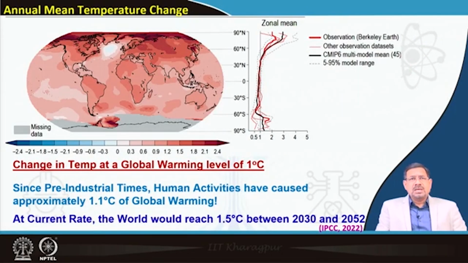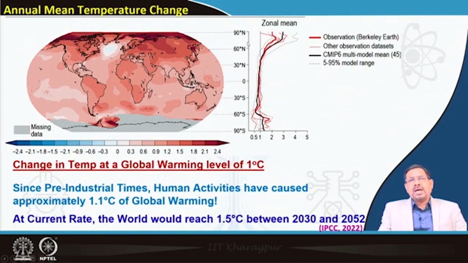Now, in this slide, let us talk about the annual mean temperature change. You can see the global figure here, and towards the southern hemisphere you can see missing data where there is no calculation, so nothing to worry. The scale is between minus 2.4 and plus 2.4 in terms of annual mean temperature change. Please remember, this is an annual mean.